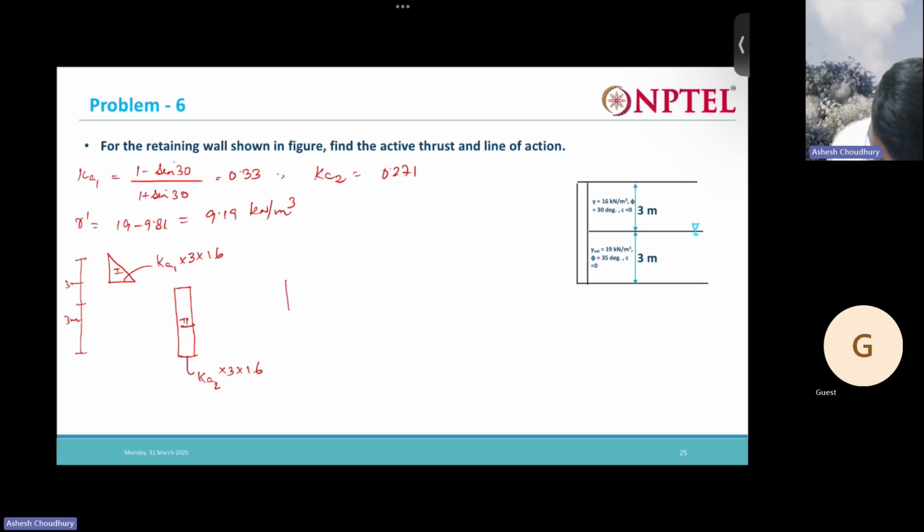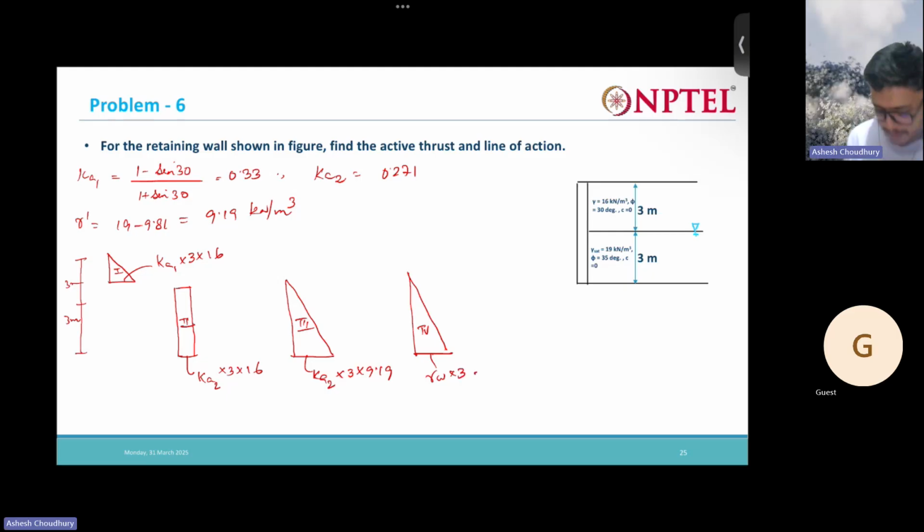Then you have the earth pressure times gamma W 3.